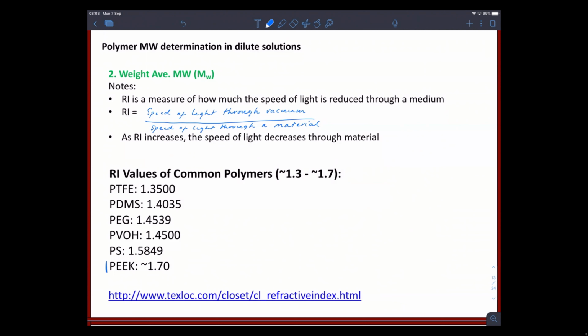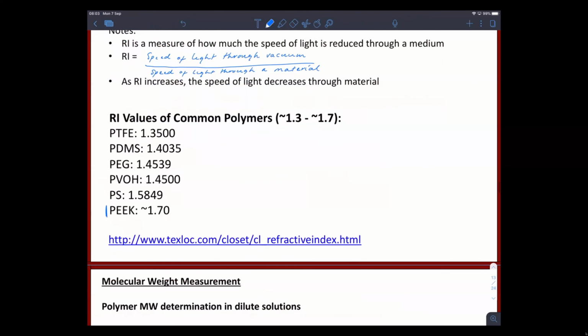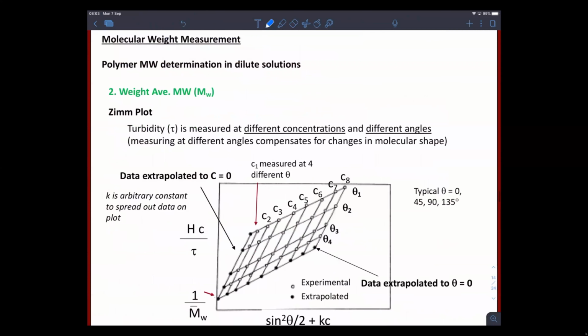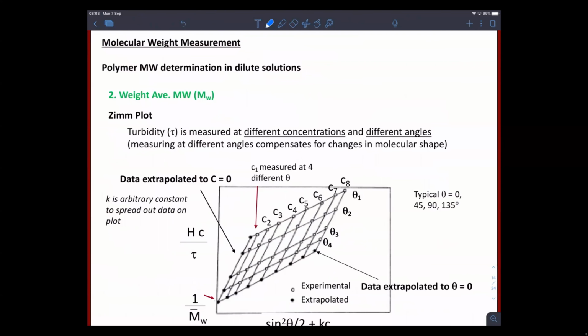So what we want to do is generate a plot in which we can measure the turbidity. There are a few different ways, but one of the ways of doing this is through a Zimm plot. The Zimm plot measures the turbidity as a function of different concentrations and different angles. So you measure at least 4 different concentrations, and then around 4 different angles.